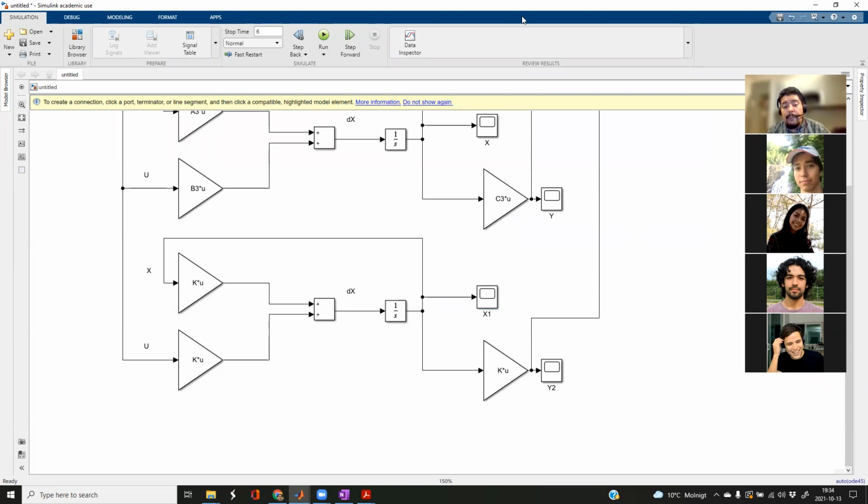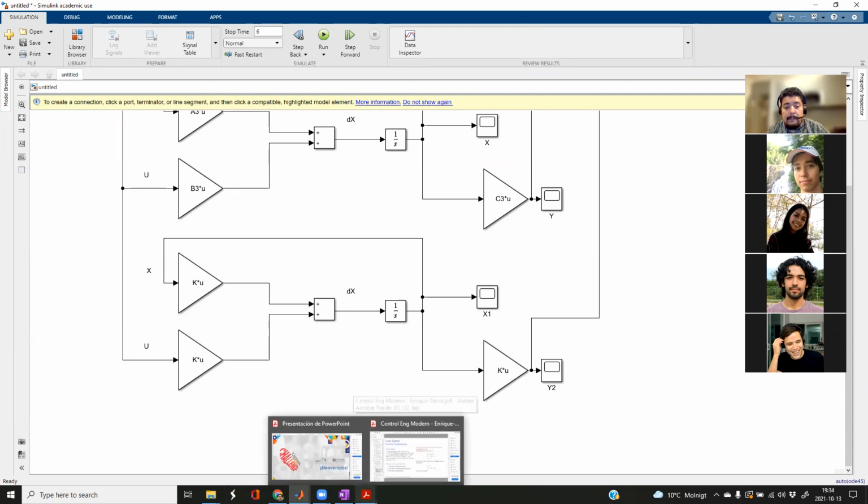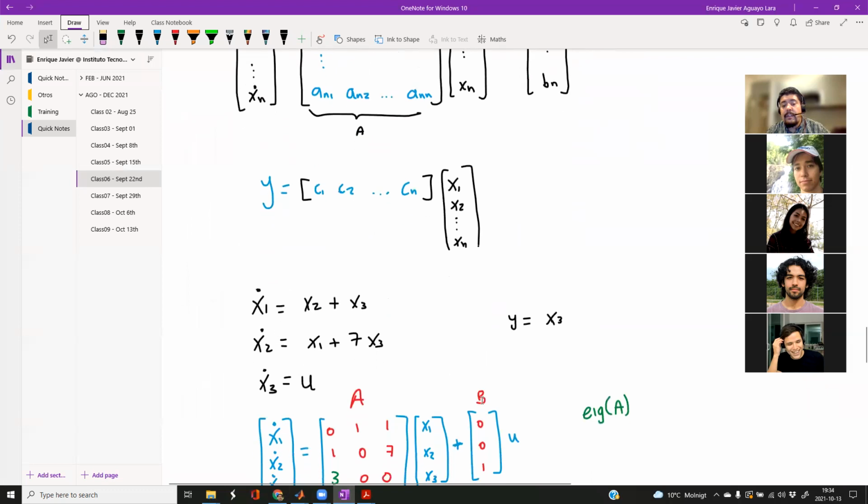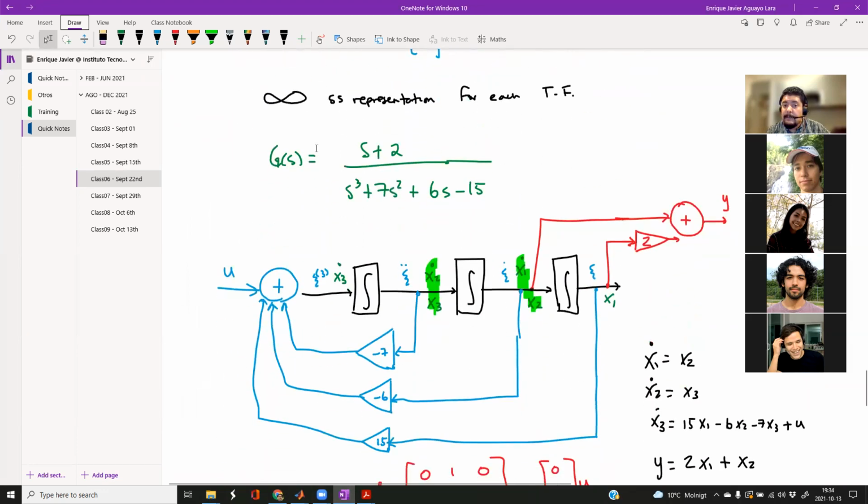So the takeaway from today is there is an infinite amount of state space representations associated to a single transfer function. And it is very easy to obtain them, okay? So from now on, we will consider that if we already had a transfer function, or if we have a system, we can easily obtain a state space representation for it, and then we will work on it, okay?